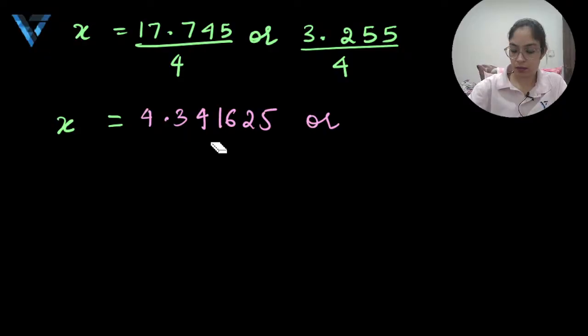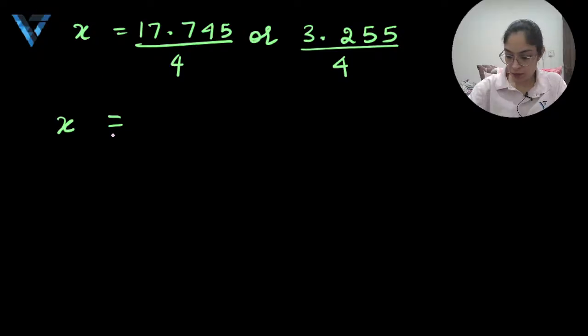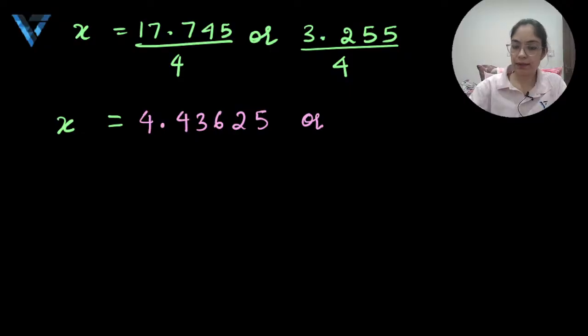Okay. So what is the correct answer? 4.4362625, 4.43625, or what's the other value? Tell the answer here for the second one also. When 3.255 is divided by 4, what will we get?